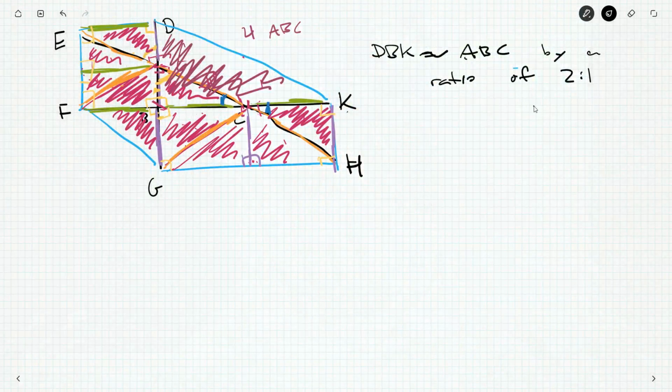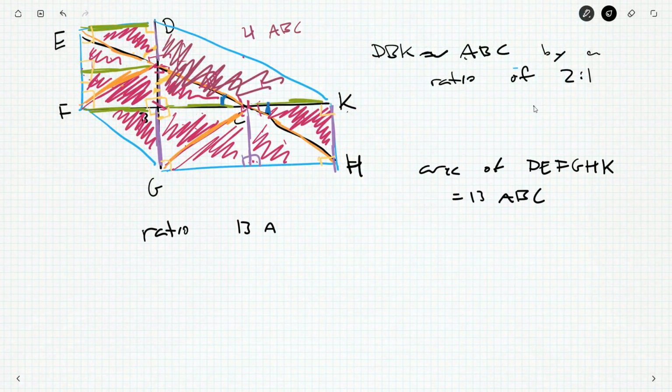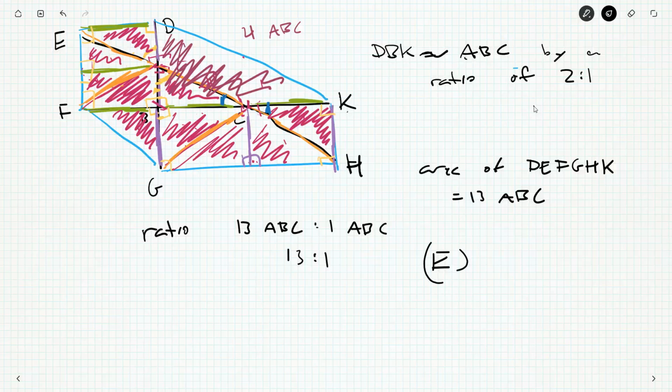The area of DEFGHK is 13 ABCs. So the ratio is area of 13 ABCs to 1 ABC, divided by ABCs, we get 13 to 1, and I did say that that was E as our answer.